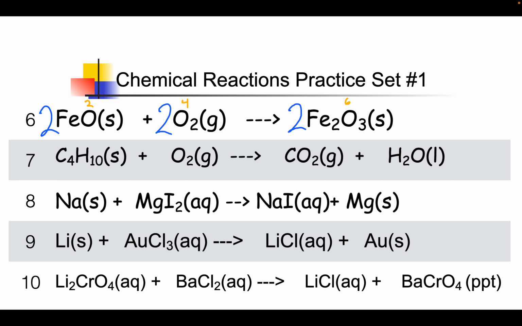I'll cross it out. Let me see if I can white it out. And if I make that a 4 now, that changes the number of O's again. Actually, let's see. Wait a minute. I think I see something. Here, if I have 4 Fe's, 4 Fe's. And what if I get rid of this 2 O's here?